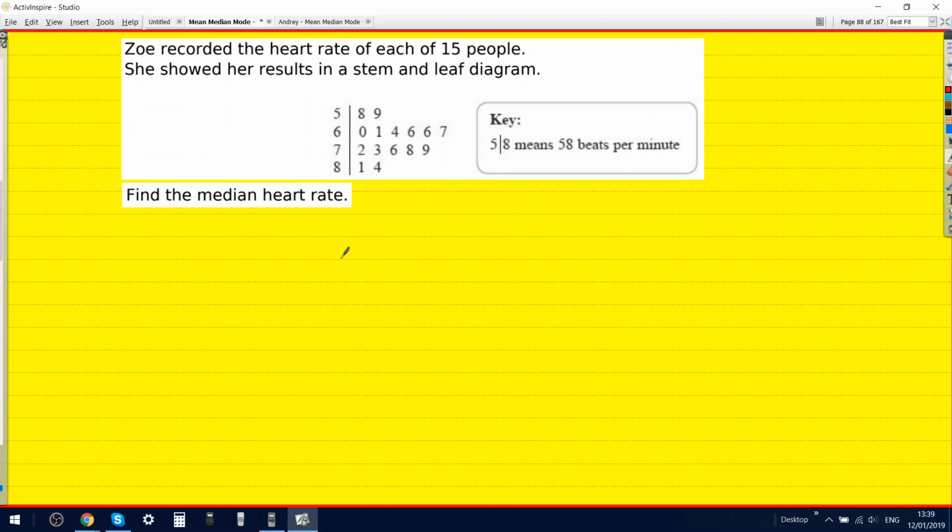They tell us there's 15 people. So half of 15 is 7.5. The way you do it is, because there's always one in the middle, you do n plus 1 divided by 2. So it'd be 15 plus 1 divided by 2.